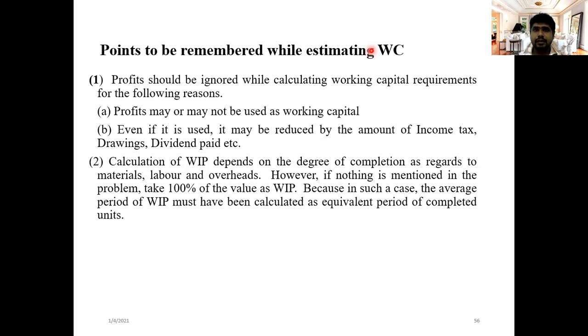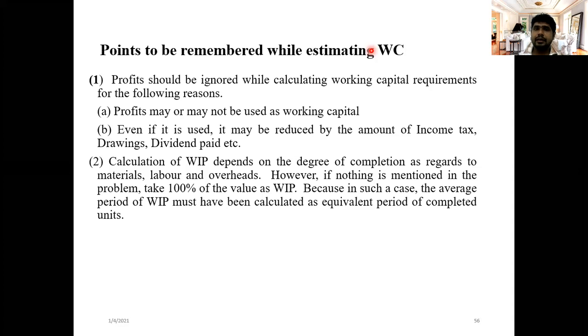So you have to be very careful about work in progress calculations. I repeat again, if there is no information regarding the percentage of completion, we have to assume 100% on raw material. For others, say overhead and employee wages, we have to consider 50% of completion.